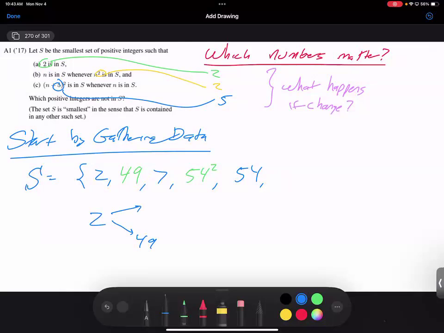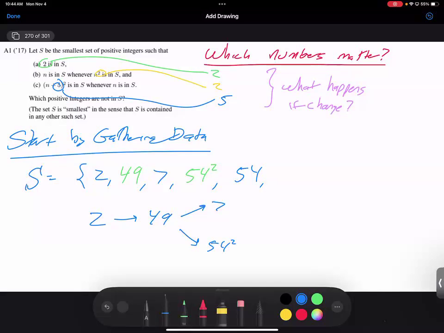So we can say 2 just gives us 49. Now that we have 49, what happens? We get 7. And what else? Now we get 54 squared, right?